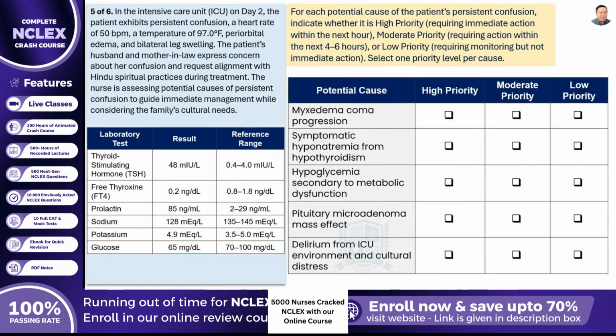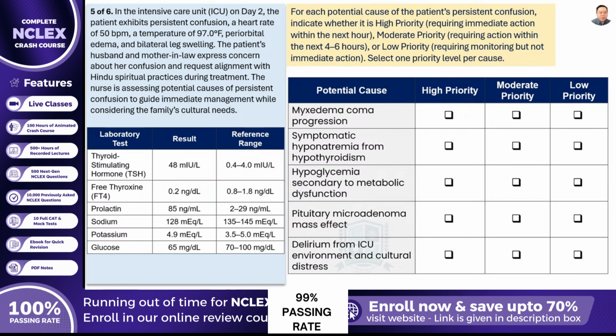So we have the potential causes: myxedema progression, symptomatic hyponatremia from hypothyroidism, hypoglycemia secondary to metabolic dysfunction, pituitary microadenoma mass effect, and lastly, delirium from ICU environment and cultural distress. Again, I want you to select carefully if it's high, moderate, or low priority.